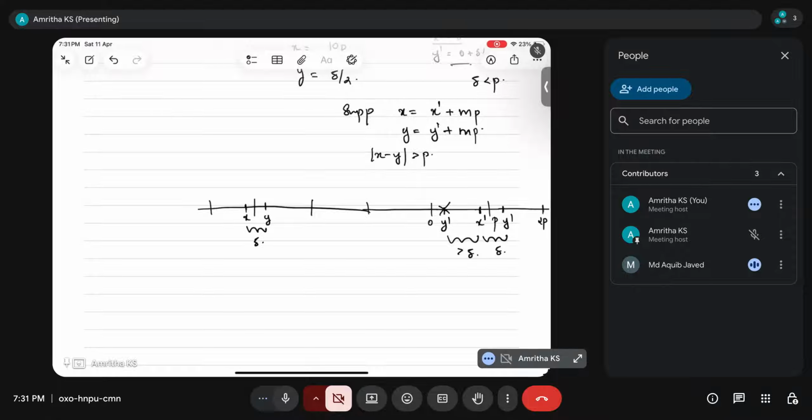No, what do you want to understand? Why y dash is so? Because here in 0 to 2p I can find y dash near to x dash.